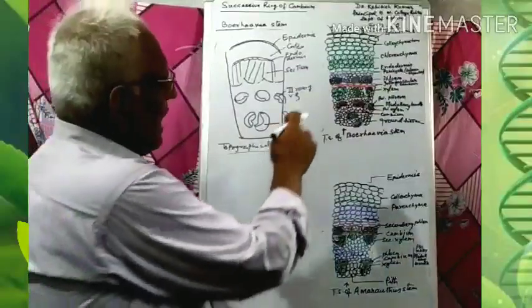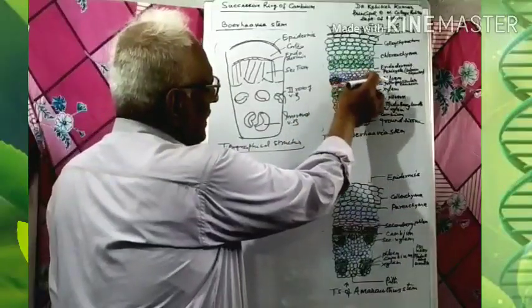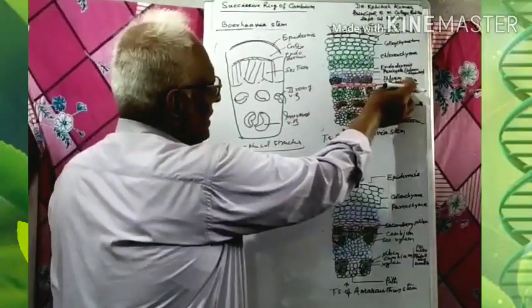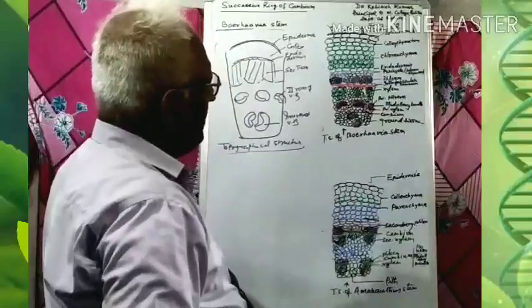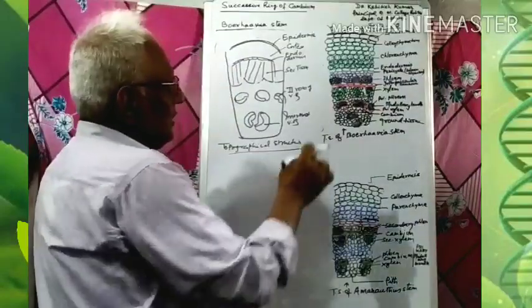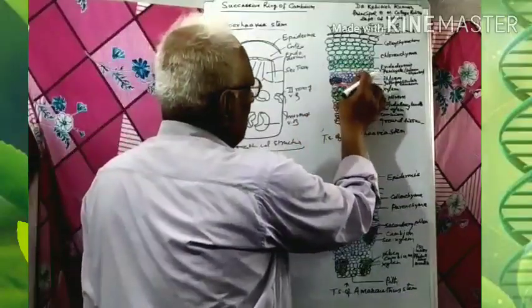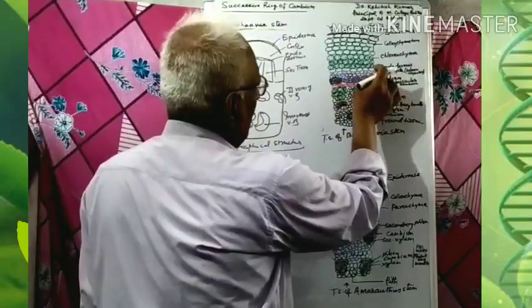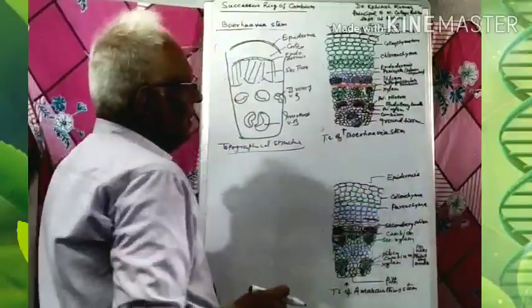Likewise, in the outer layer of this interfascicular cambium and in between the phloem, a few layers of parenchymatous cells are also formed.